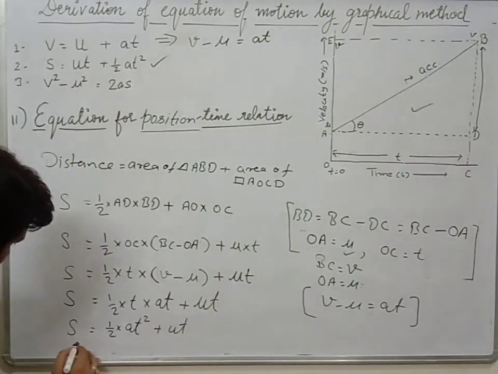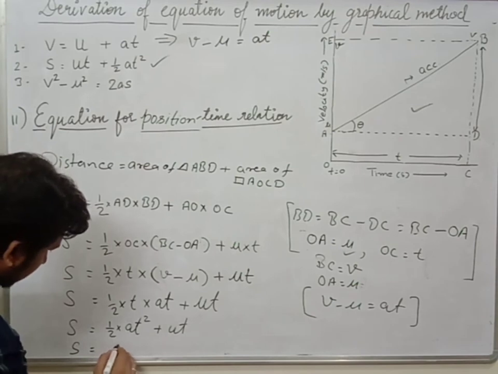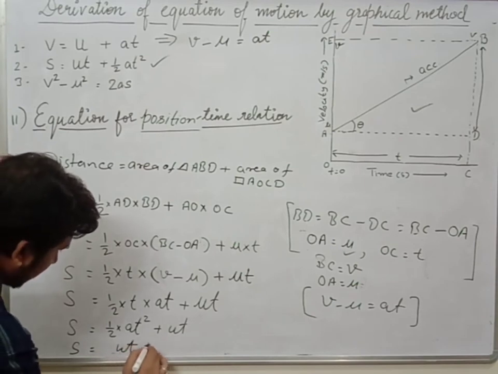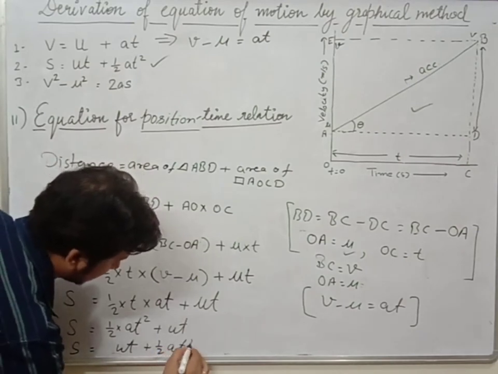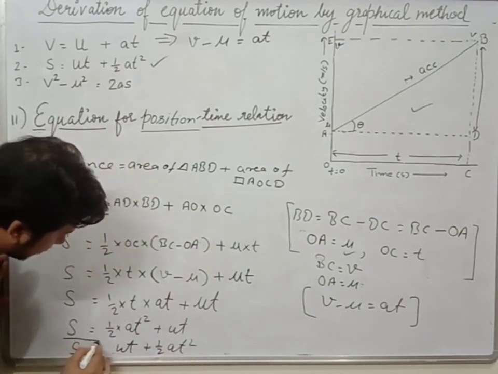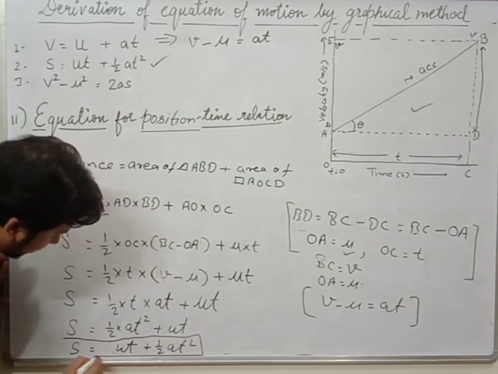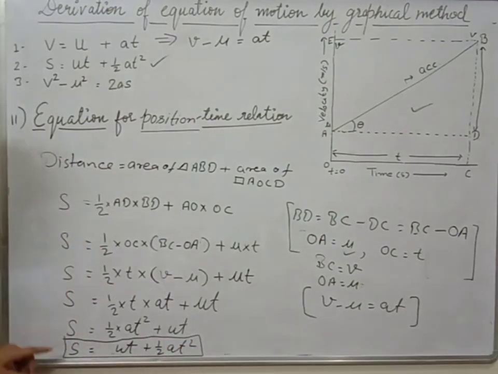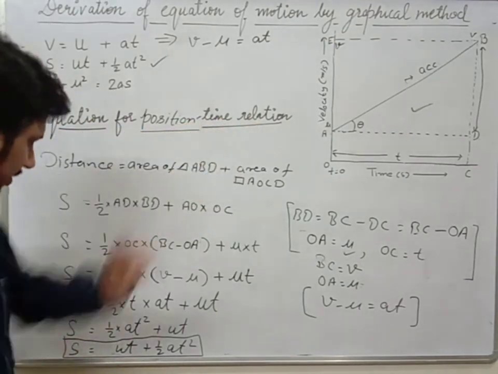Or you can write S is equal to UT plus half AT square. This is the equation of motion, the equation for the position-time relation.